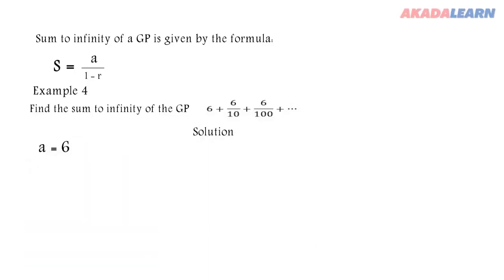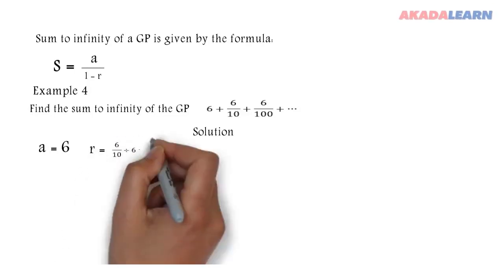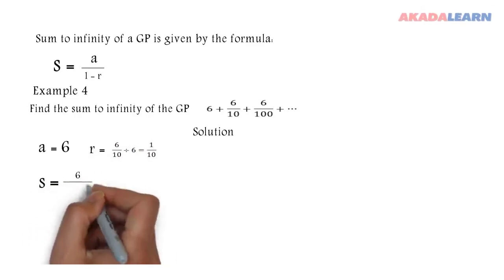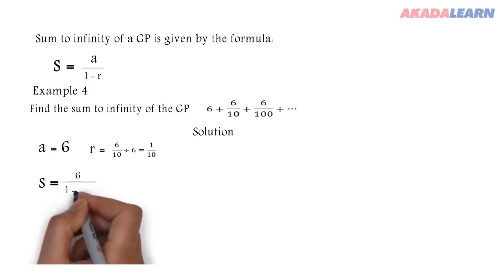So our first term is 6. Our common ratio is 6 over 10 divided by 6, which simplifies to 1 over 10. So we've gotten everything we need, just to substitute into the formula now and simplify. So we have 6 over 1 minus 1 over 10.